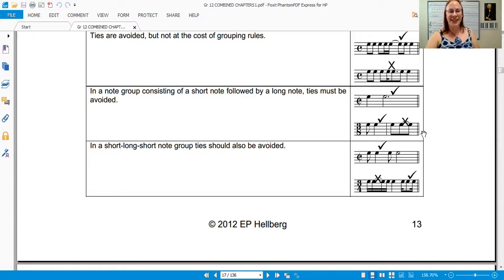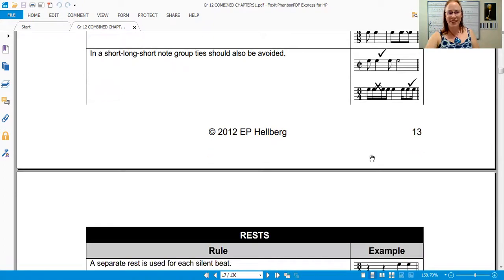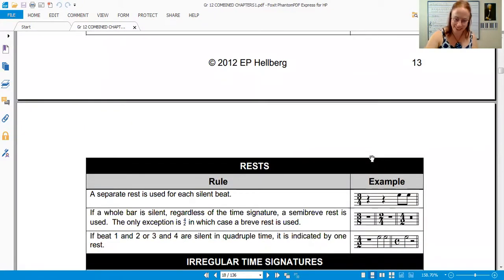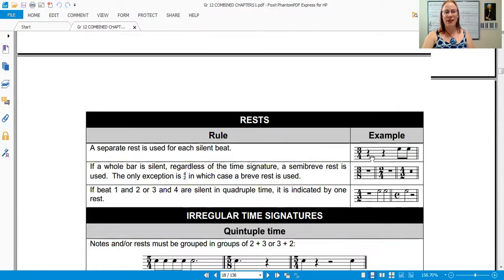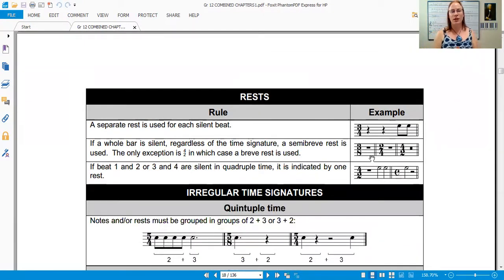Okay, and then I said that we are going to go into the last part just 2 minutes ago, but I realized now that I'm not done yet. I'm going to quickly talk about the rules when it gets to rests. That's very easy. Whenever a whole bar consists of a rest, so the whole bar is silent, you're going to use a semibreve rest.